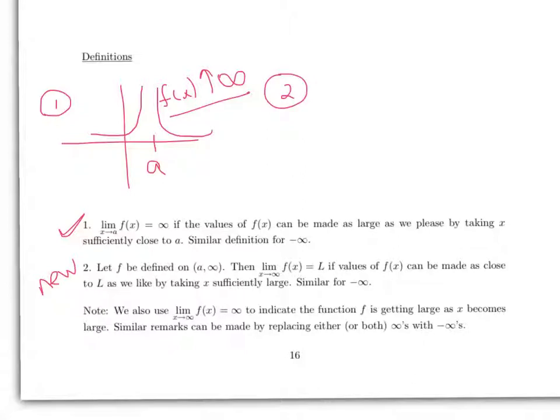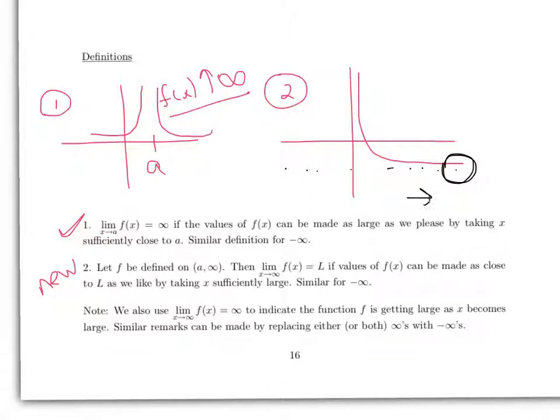Number two, the idea there is we're now looking on the x-axis at what happens to our function as x gets really large. In this case, as x gets really large, this function is coming to a certain point, maybe y equals -1.